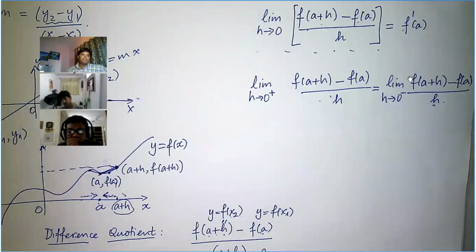If the value of the function at a equals the limit as I approach the point from the left or from the right, then such a function is continuous. And the derivative exists if the difference quotient, whether I come to the point from the right or from the left, has a limit; then the function is differentiable.